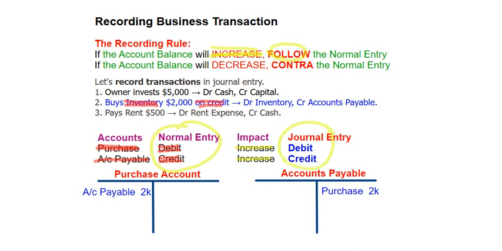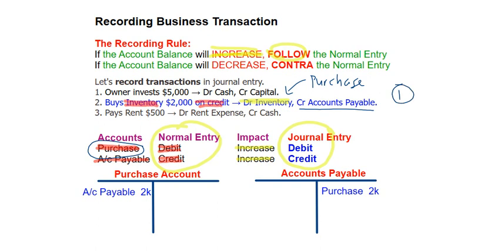We'll always start with debit. So we debit inventory, or in other words, as I have introduced to you, we'll put it as purchase account. And then next is for us to credit accounts payable. So that's the first step, recording the journal entry.